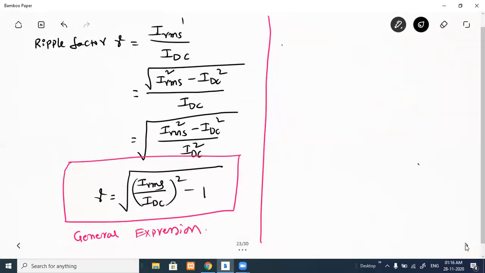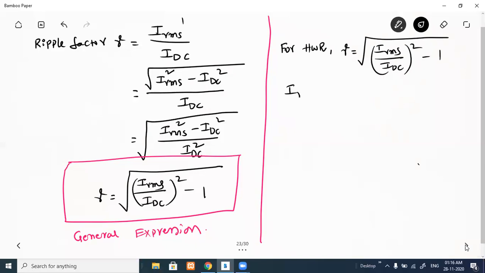For half-wave rectifier, the ripple factor gamma is equal to square root of (IRMS by IDC) whole square minus 1, and IRMS equal to IM by 2 for half-wave rectifier, and IDC equal to IM by pi for half-wave rectifier.